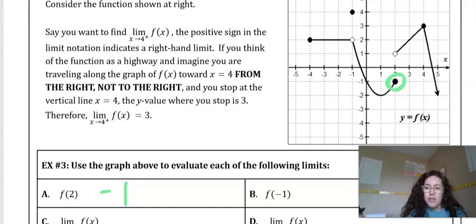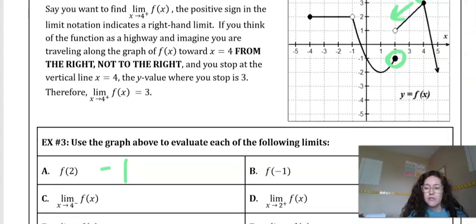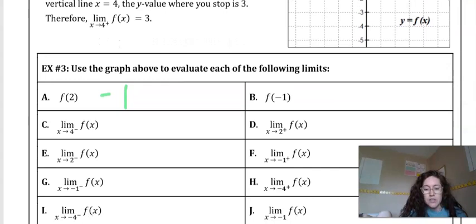Okay, so I'm coming from the right. As I approach there, where is it approaching? It approaches that hole at +1. So the limit as x approaches 2 from the right is 1.